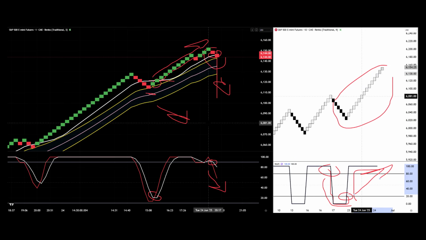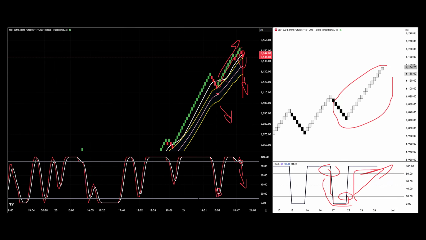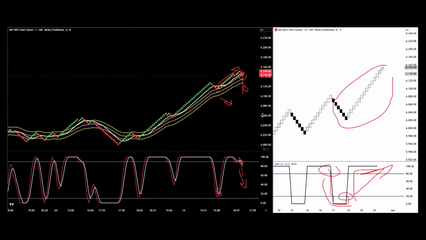So that's a really effective filter on your charts here. And if you did scroll back through the data, you will see it working very nicely in tandem with this setup. So that's really the basics of the strategy.